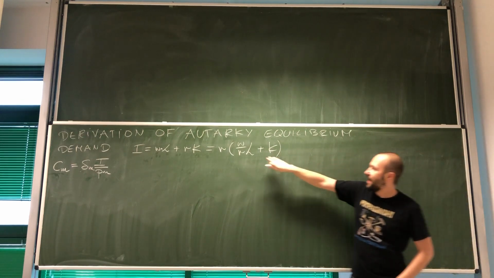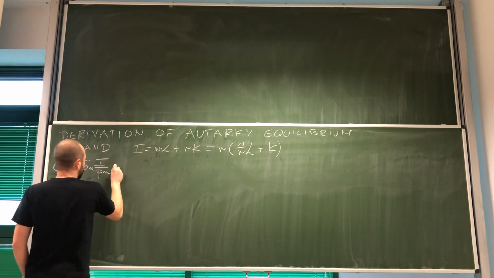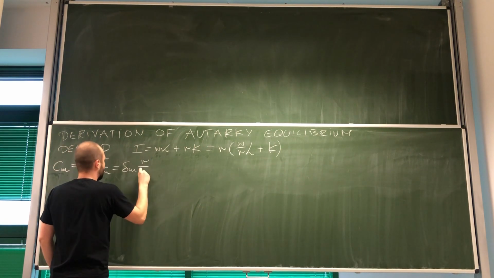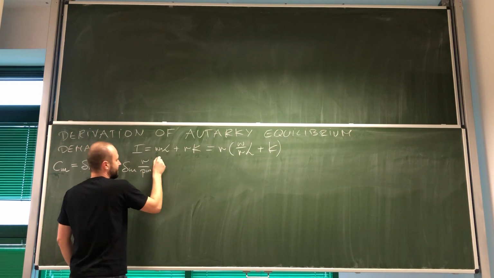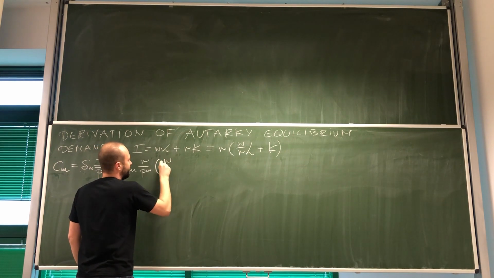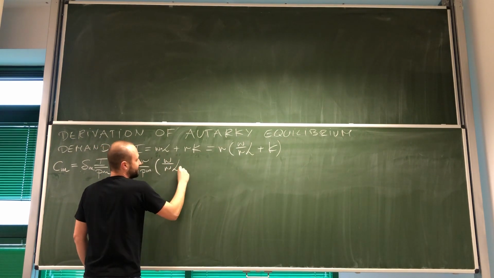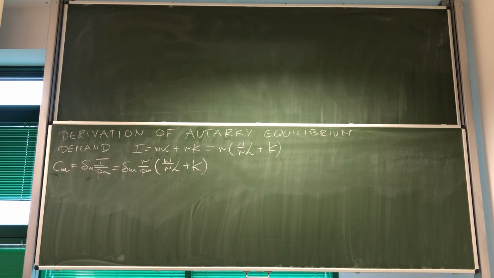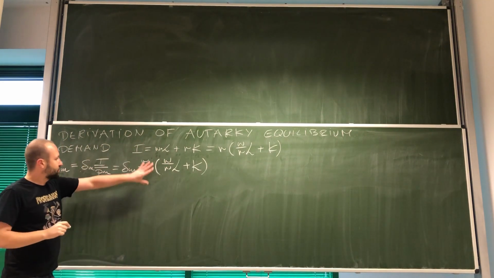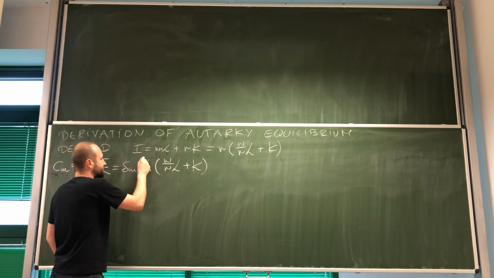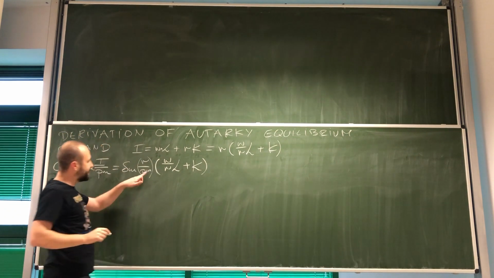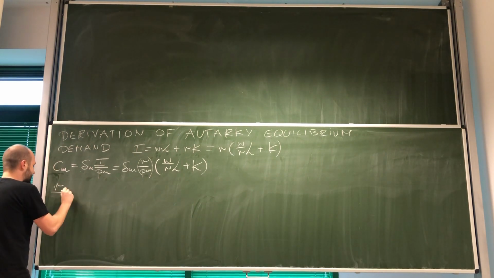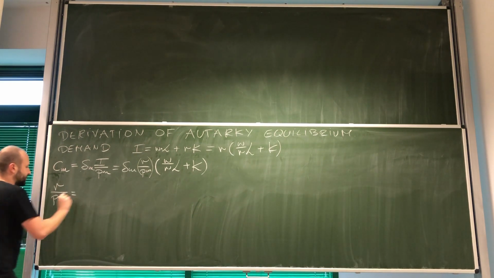Okay, and now look, I can substitute this expression for income, and I'm getting that this is delta M times R over P M times W over R times L plus K. Okay, now to just make things simpler, let's deal with this expression first. So we've got R over P M. How much is that?